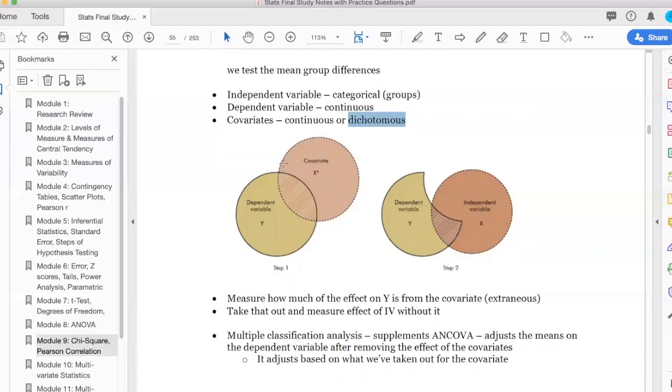And we would figure out what that relationship is, how much of the knowledge, or the dependent variable, is explained by stress, or the covariate. And then we move over here, we just take it out, right? So now we're left over with what is actually being affected by the independent variable.